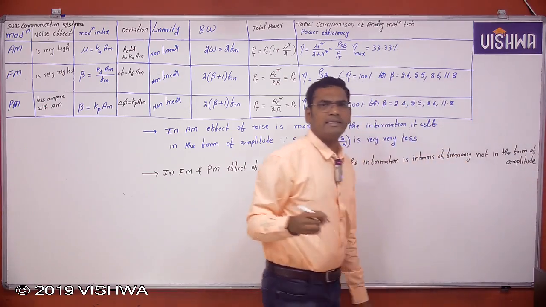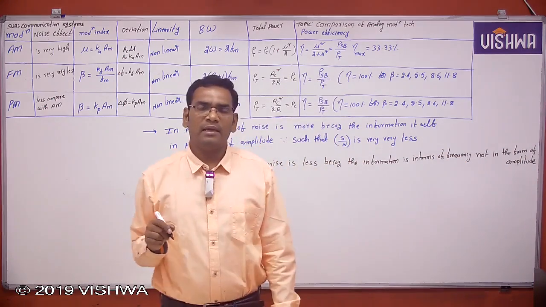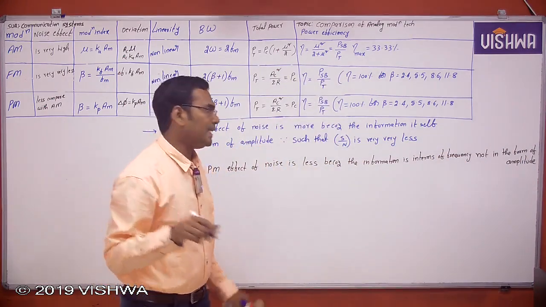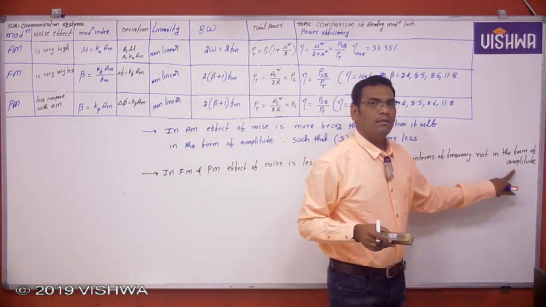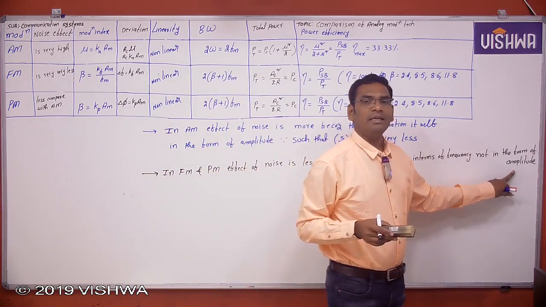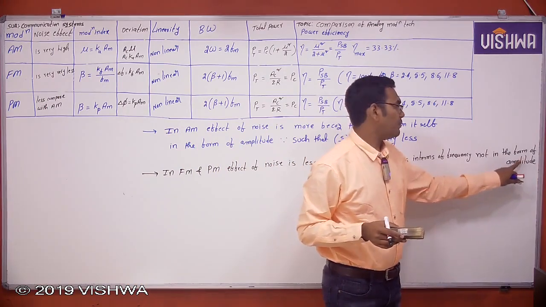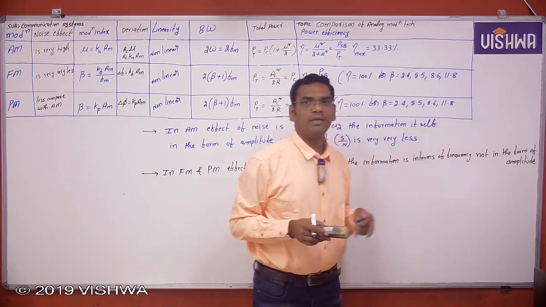So again, take the same case. Noise is coming and affects the strength. Whenever noise comes, it directly attacks the amplitude. But in frequency modulation and phase modulation, information is not in the form of amplitude, information is in terms of frequency.